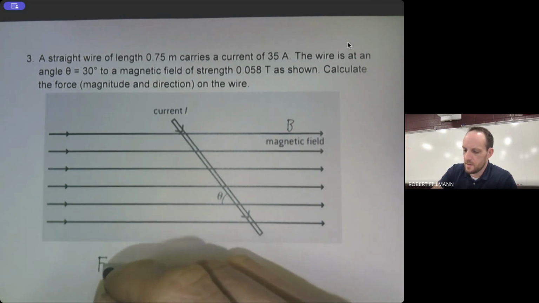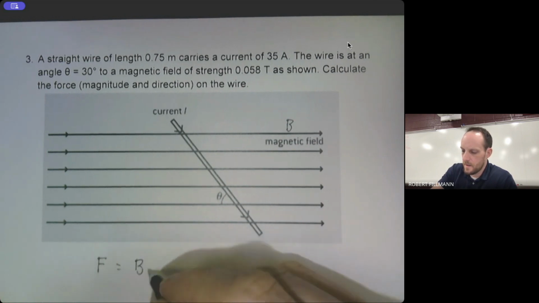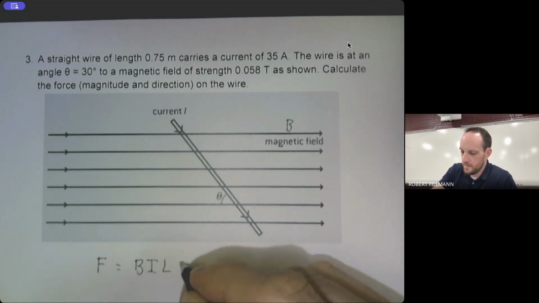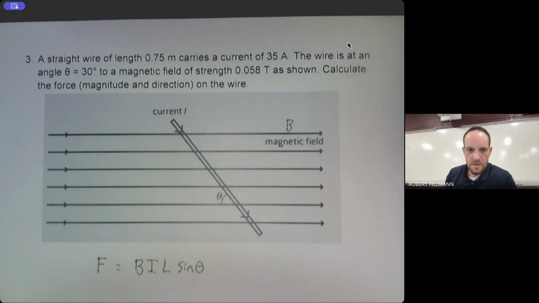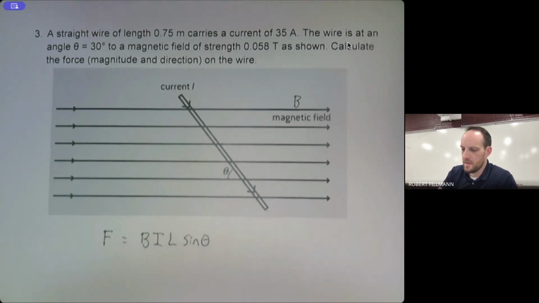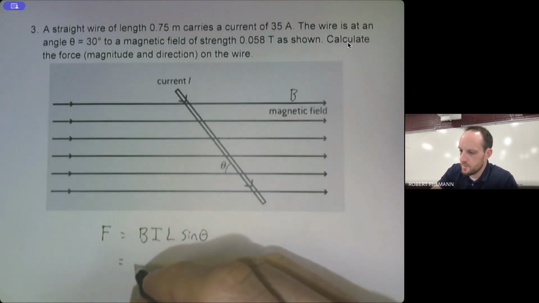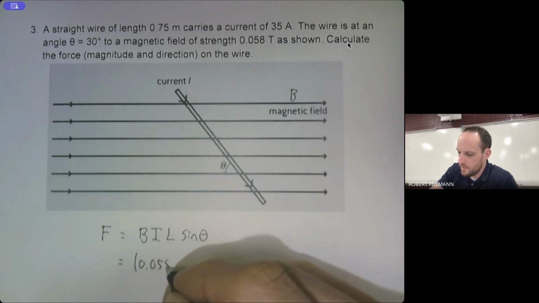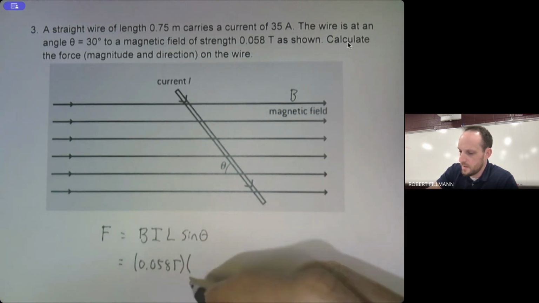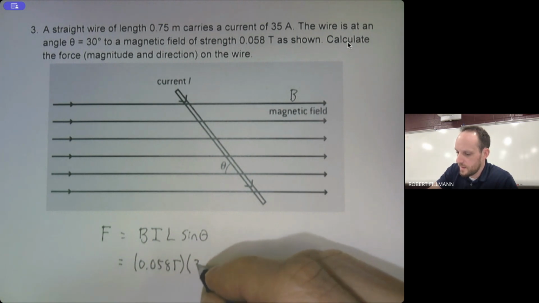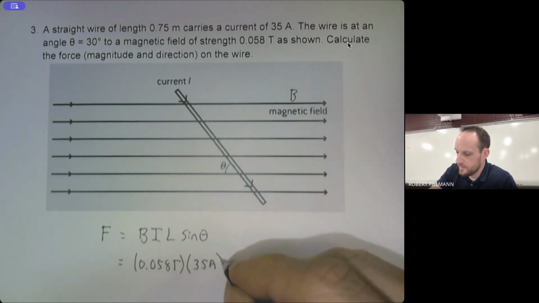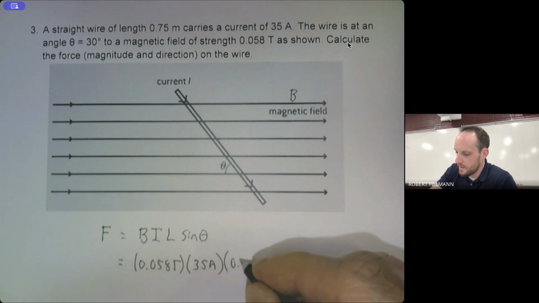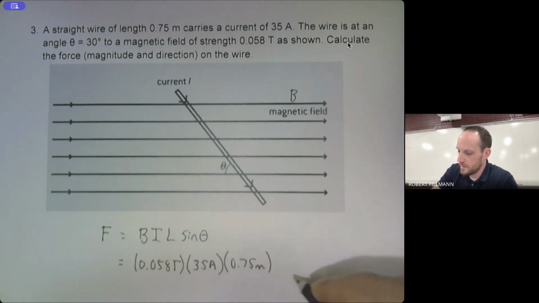So since this is a long straight wire, this is BIL sine theta off the IB data sheet. And I'm given these values. I'm told the magnetic field is 0.058 Tesla. Current is 35 amperes. That's a lot of current. The length of the wire is 0.75 meters.